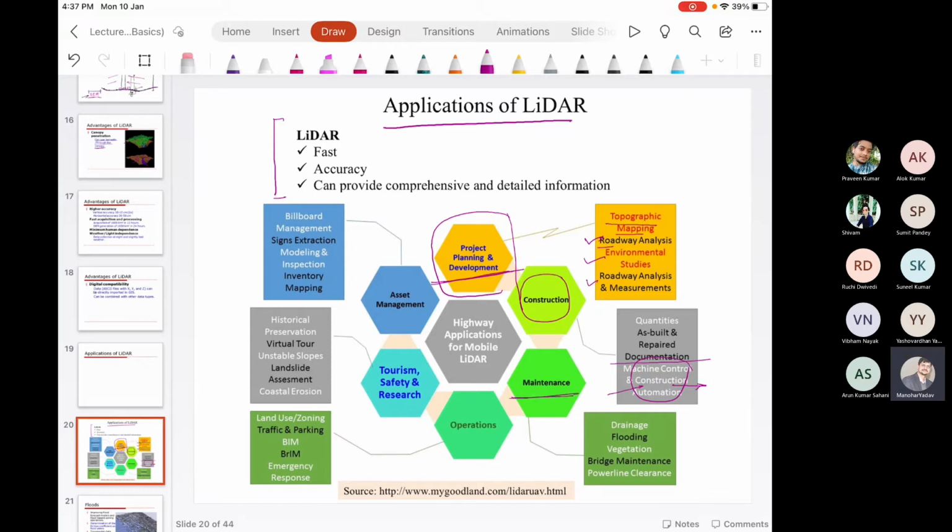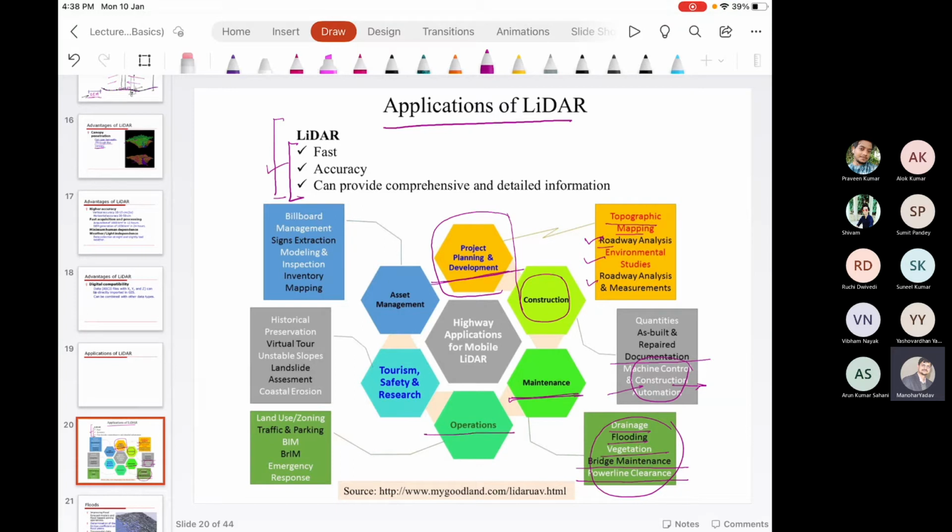Then for maintenance related application areas, drainage, flooding, vegetation, bridge information modeling, power line corridor mapping, and related applications, we are using LiDAR nowadays. And it is preferred over other remote sensing techniques due to these three advantages.